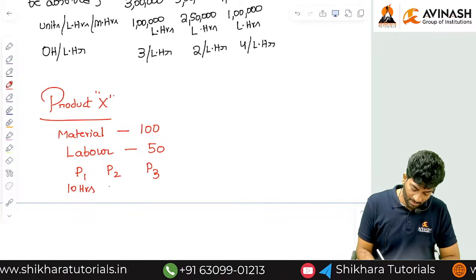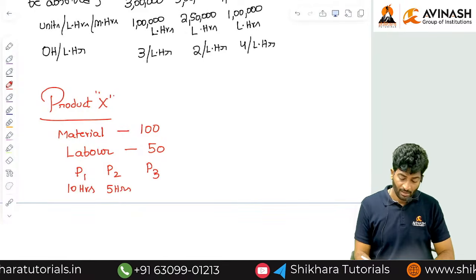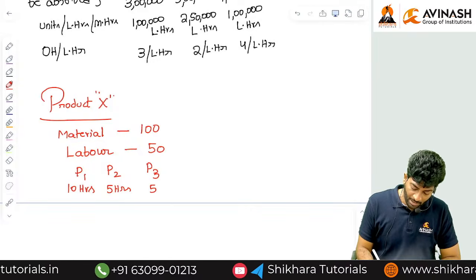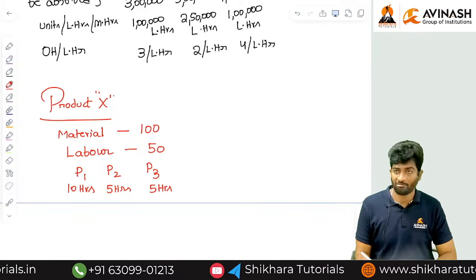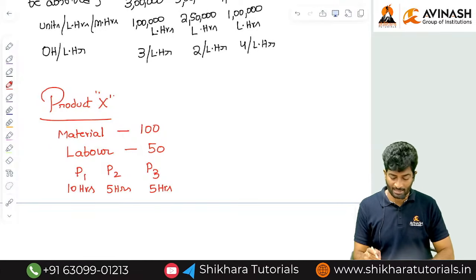There it will process 5 hours. And in P3, it will process for 5 hours. So this is the information they gave you about product X.